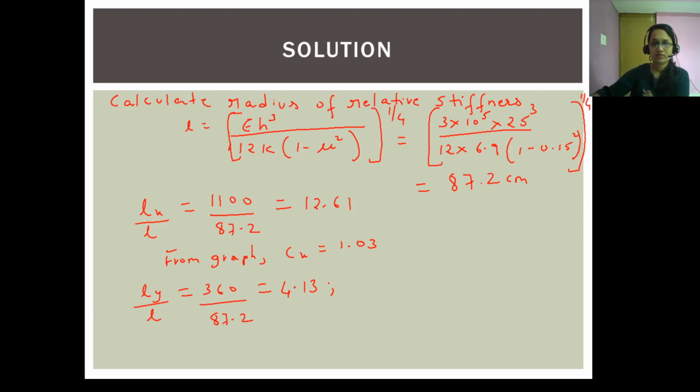So again from graph, we are getting Cy as 0.55. So we are given, we have to calculate small t.